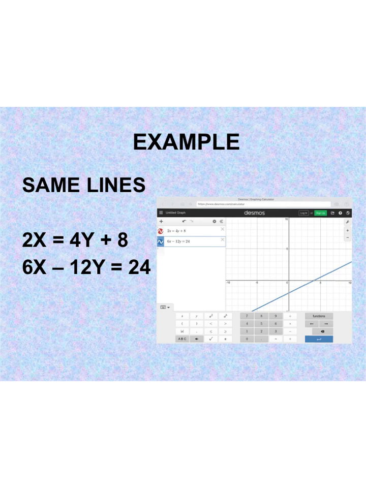So when you type in the second equation, it graphed it directly on top of the red line. You only have one line. What that means is that every point on this line is a solution to this system of equations, and our solution set is going to say, written inside braces, infinitely many.